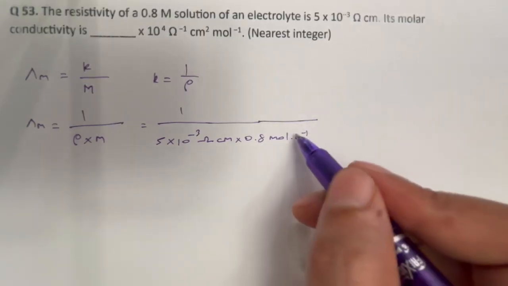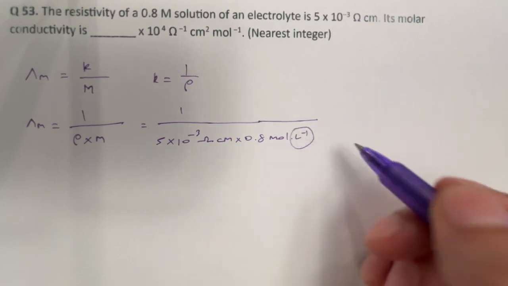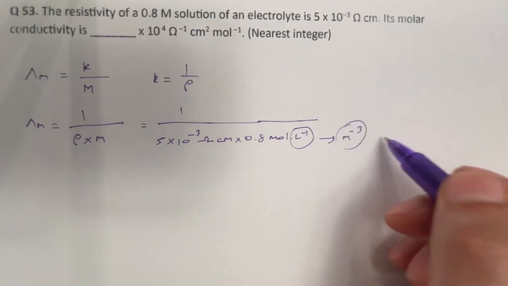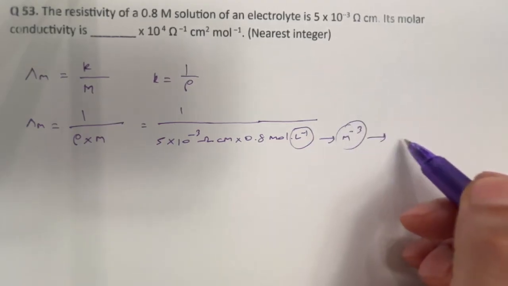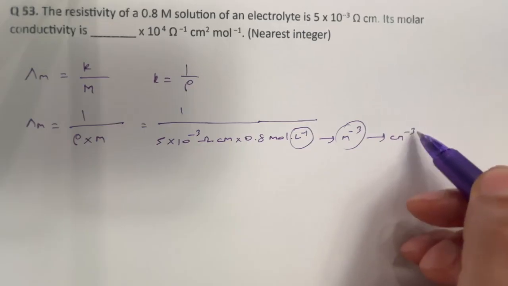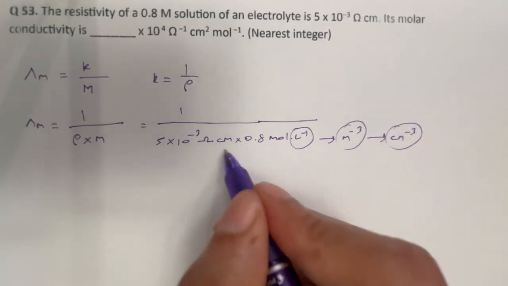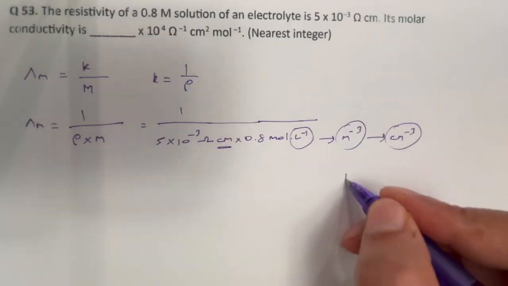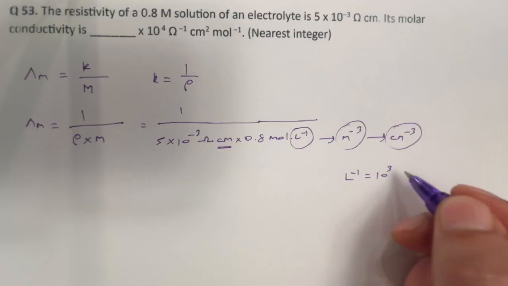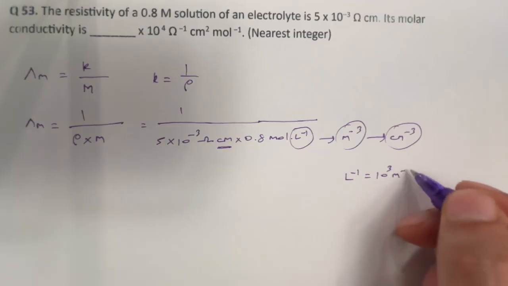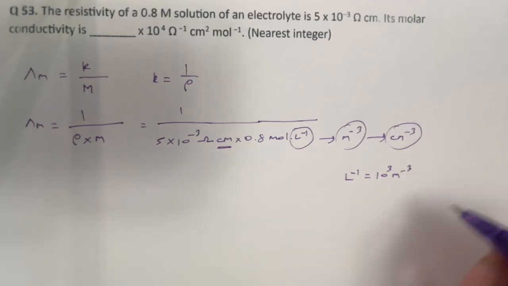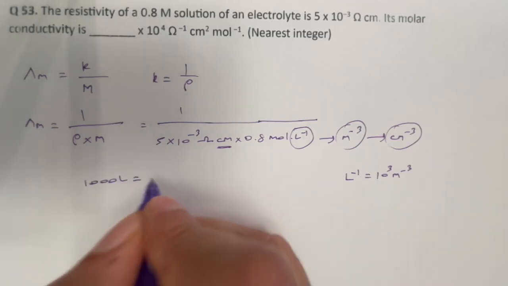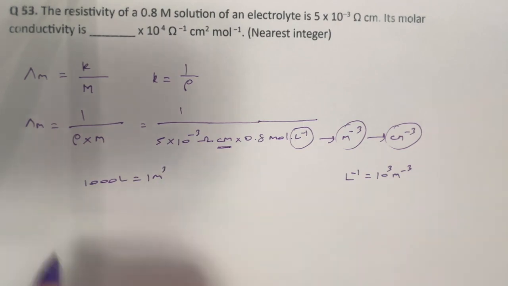Now let us first convert this per liter to per meter cube. Then we will convert this per meter cube into per centimeter cube so that we can cancel the units. So that's the tricky part here. Per liter is equal to 10 to the power 3 per meter cube. How? So 1000 liter is 1 meter cube.